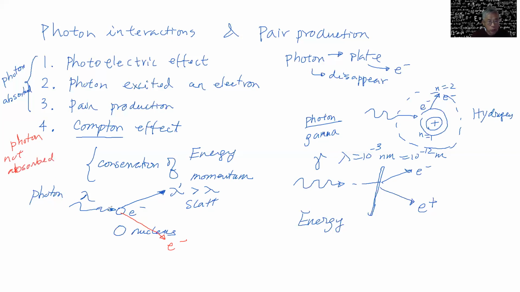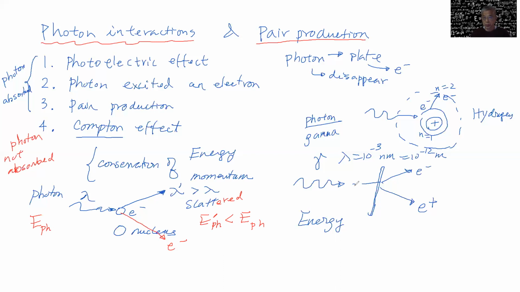Instead, this photon is scattered. And the lambda increases, so that means the energy of the photon here is less than the original energy of the incident photon. Okay. So those are the four types of photon interaction.